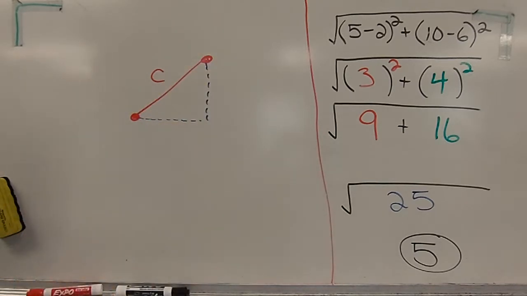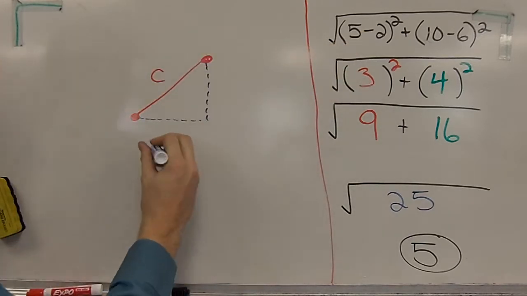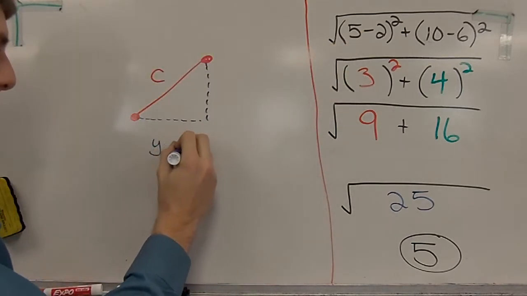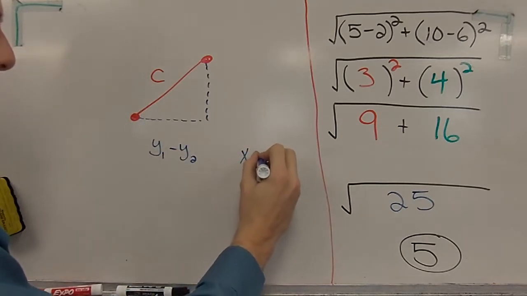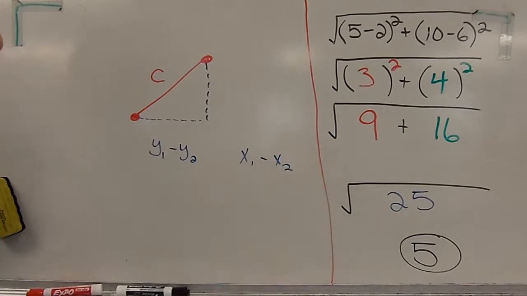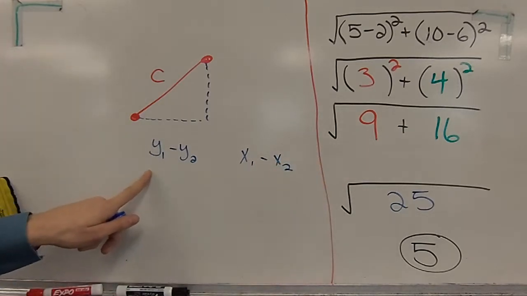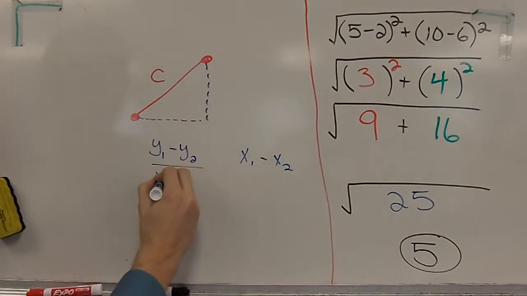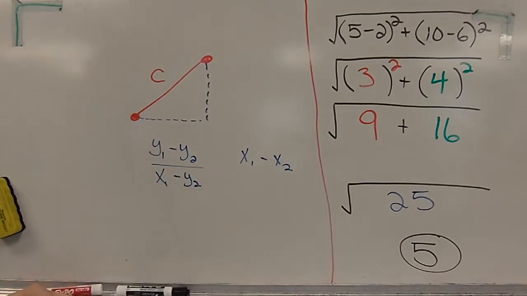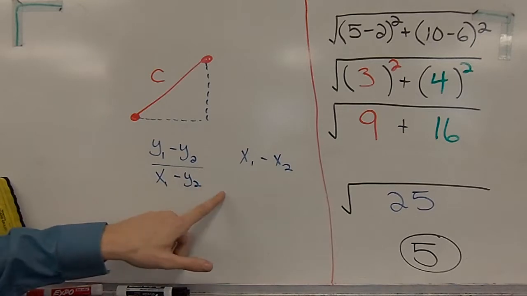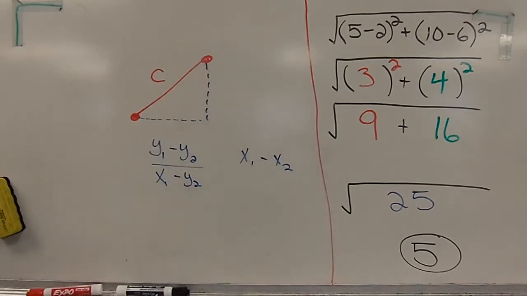Now, I said earlier that distance formula can be related to slope. And it can, because what's happening in here should look familiar to you. We're doing y1 minus y2 and x1 minus x2. If you remember back to chapter 7, slope formula is the change in y over the change in x, going from one point to the other.